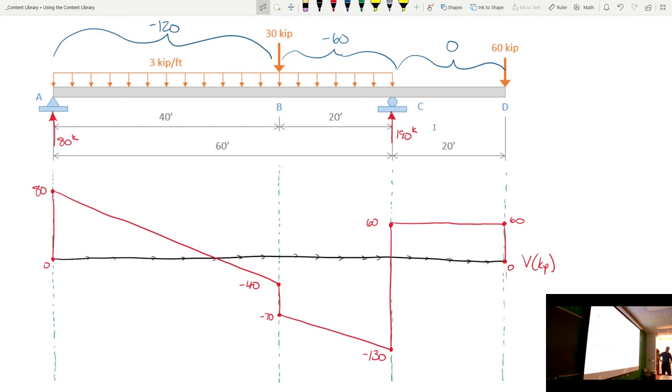Let me stop for a second, see if this makes sense. Does anybody have any questions on this? What's that? The initial 80, do we need to account for that 3 kip at the very beginning as well? No. Because that's not a single point load. That's an entire distribution, right?